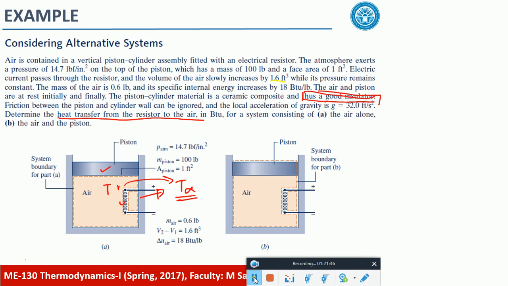And then look at the second side. Would there be any kinetic energy for the piston? It is moving very slowly, so you can neglect that velocity. And what about the change in position? That has to be taken care of.